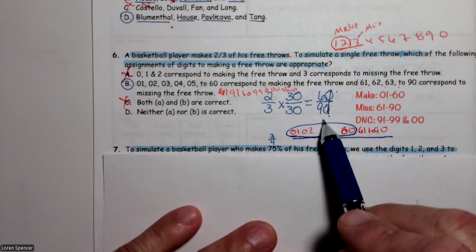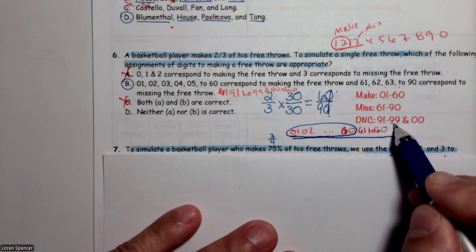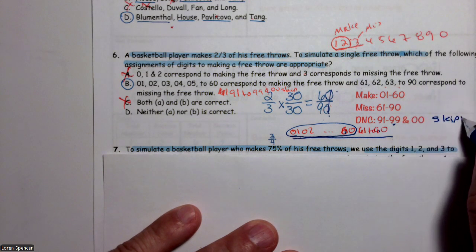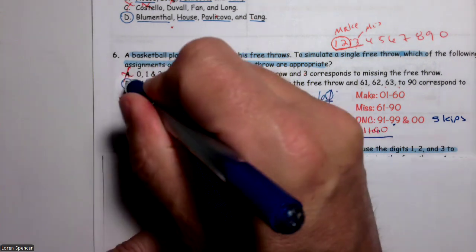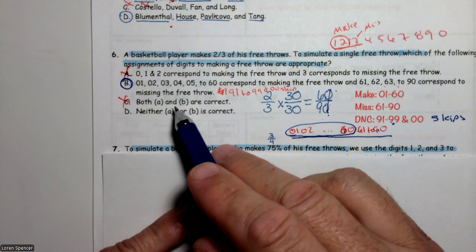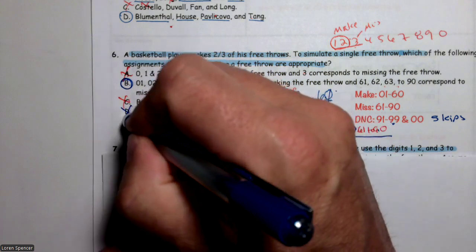So 60 over 90 are makes, and 91 to 99 and 00 are skips. In this case, B is correct and C is wrong, and obviously if B is correct, then D is also wrong.